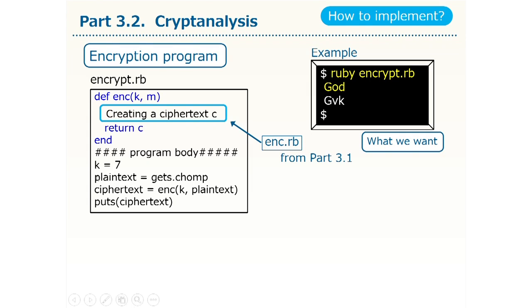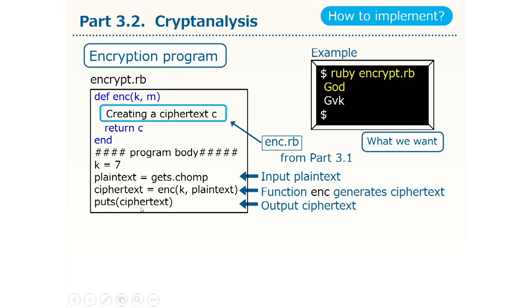Let's use 7 here in this example. Then we will read the plaintext. We read in the string with gets.chomp and store it in a string variable called plaintext. Then we will turn the plaintext into a ciphertext with the encryption function or subroutine enc and store it in a string variable named ciphertext. Finally, we will display that on the screen by using the puts command.